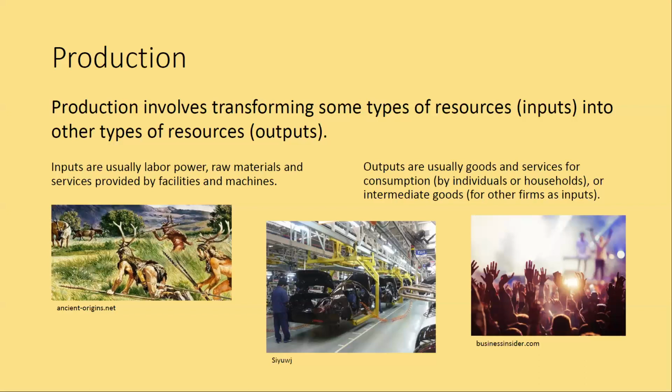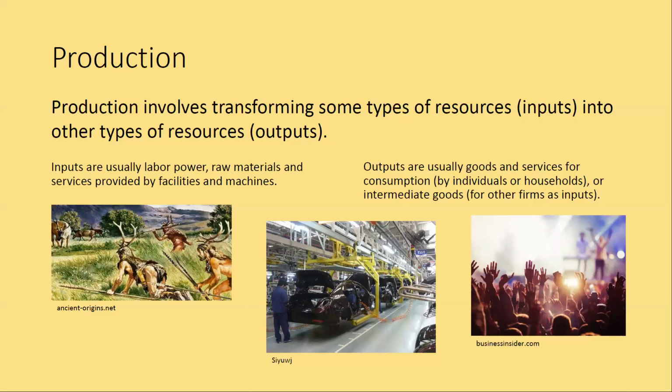And if you recall what you learned in macro class, if you had taken it before, when we calculate the GDP, the gross domestic product, we were adding up the market value of all the final goods and services produced within the country.